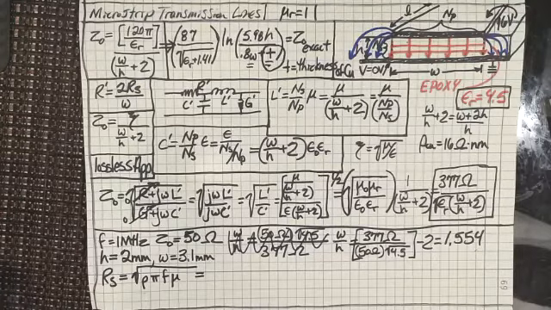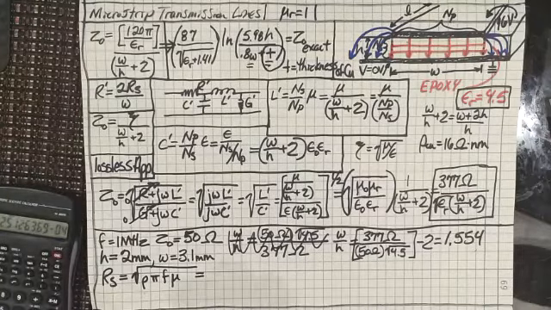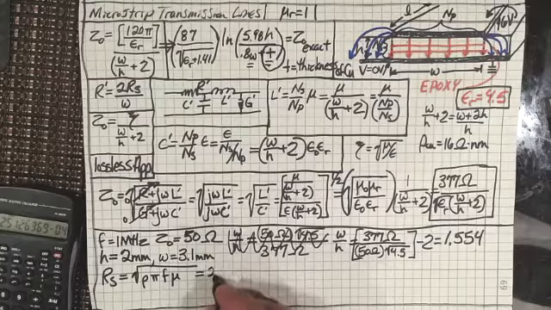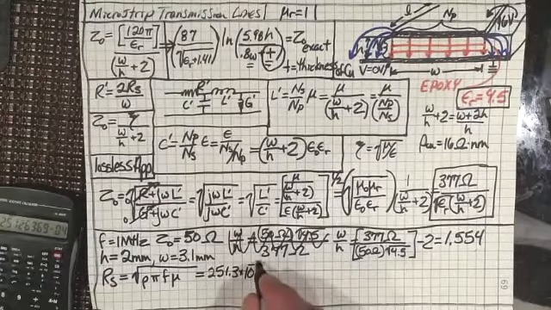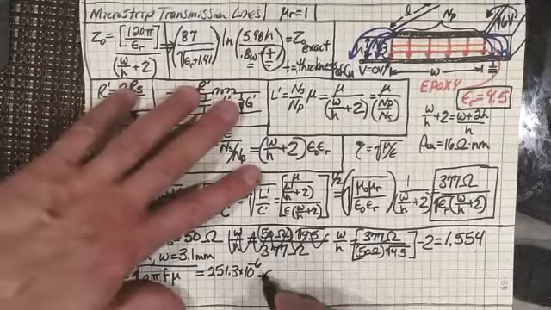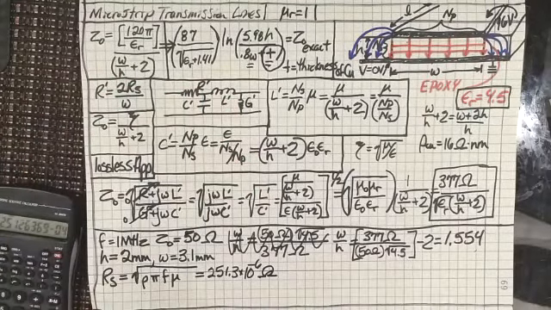So 16 times 10 to the minus 9 times pi times 1 megahertz times 12.56 times 10 to the minus 7 equals, taken to the square root, and I get that number, yes, 2.5 times 10 to the 4, or as I wrote it down, 251.3 times 10 to the minus 6 ohms. All right, so that's R sub s.